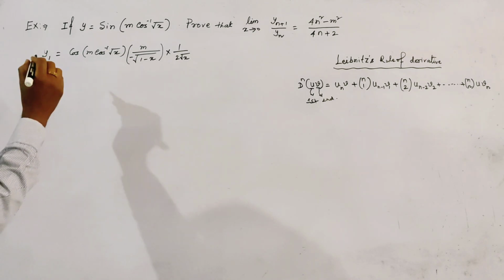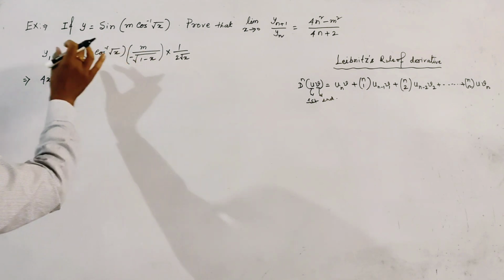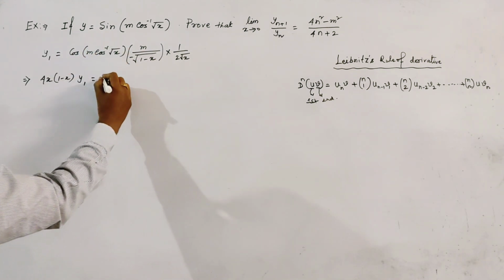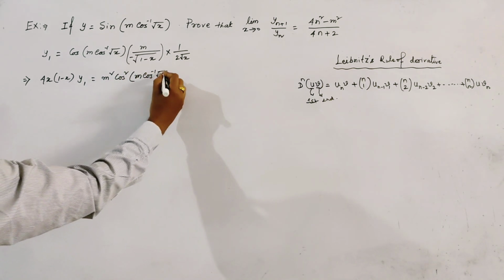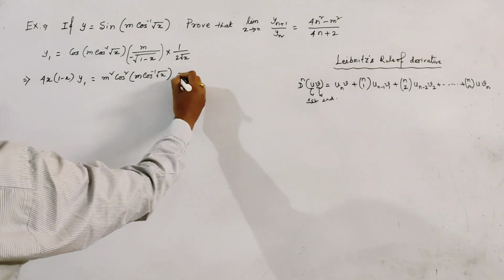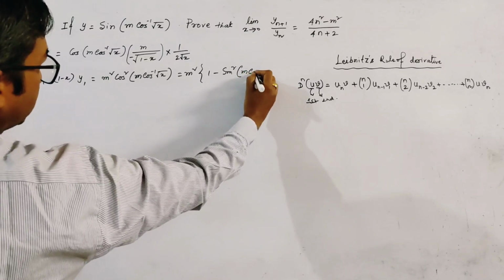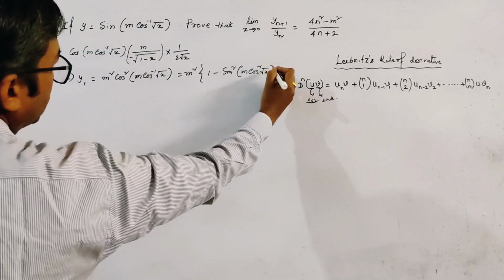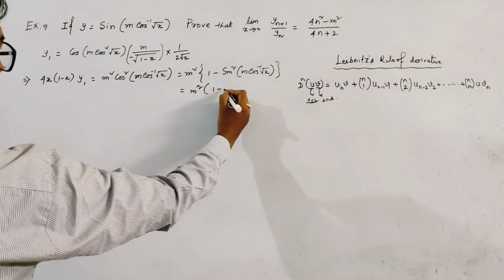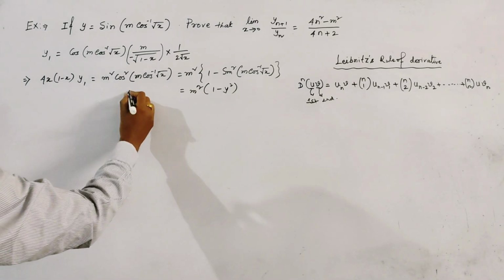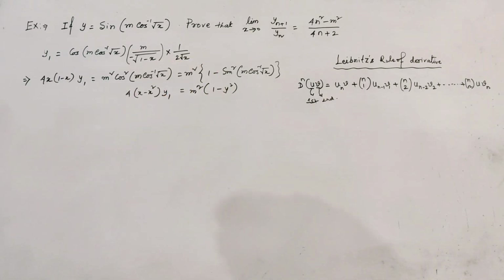Now squaring both sides, we get 4x(1 − x) y1² = m² cos²(m cos⁻¹ √x) = m²(1 − sin²(m cos⁻¹ √x)) = m²(1 − y²). So 4(x − x²) y1² = m²(1 − y²).